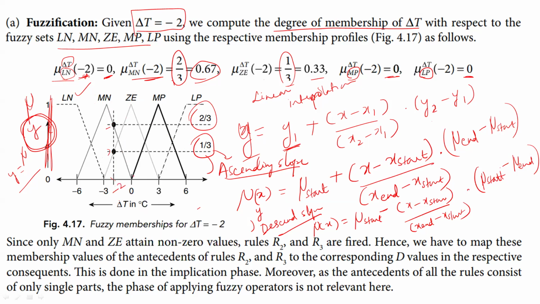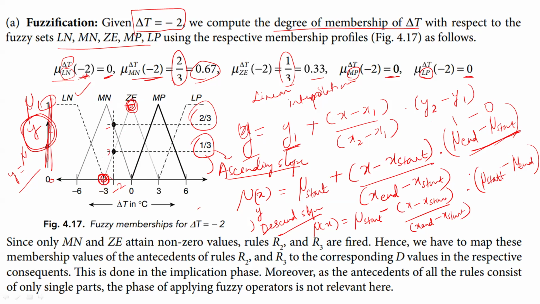So if this is -2, you can see here, this is x end minus x start. Why? Because in the ascending slope, the starting point value, you can see here, is lesser than the ending point value. So when you look at the y coordinate, here it is 0, whereas here the y coordinate is 1. So you should have something like 1 minus 0 here.